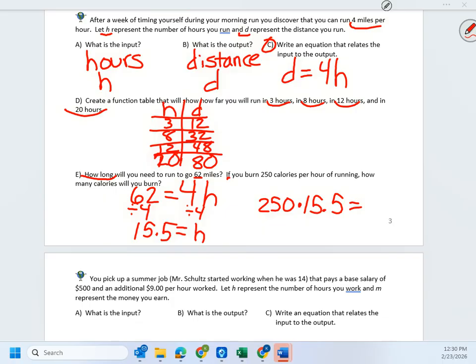We should all have our calculators out. 250 calories times the 15.5 hours. How many calories do we burn? 3,875.